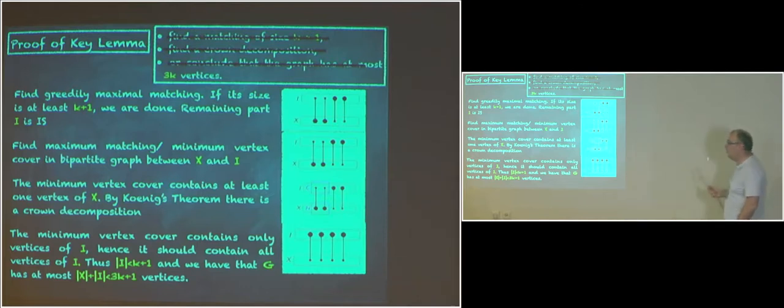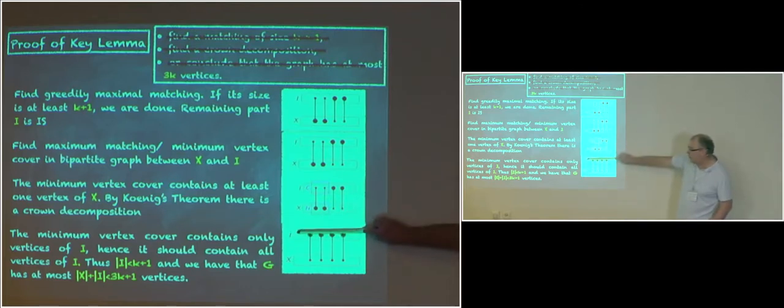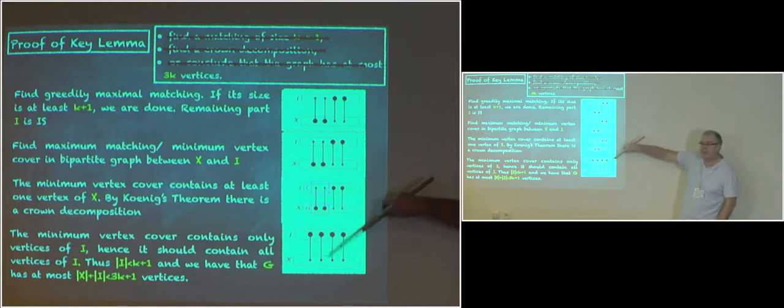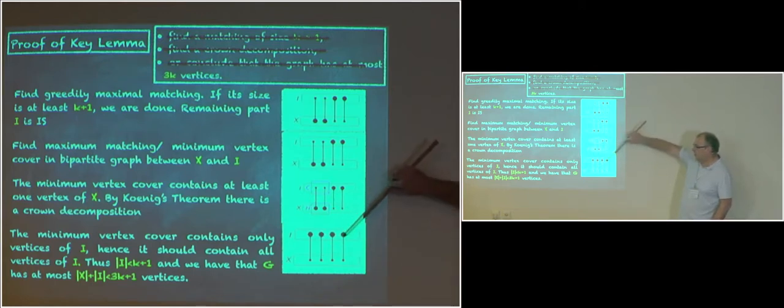Now, if I have a minimal vertex cover which contains only vertices of I, which lives here. So first of all, vertices of I should then be in the vertex cover, right? Because every edge should be covered and I don't have isolated vertices.